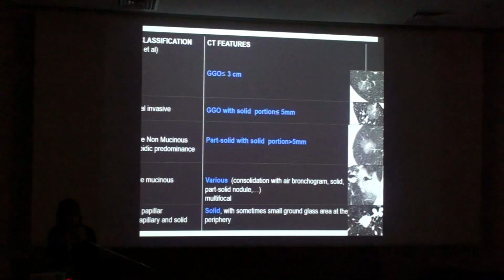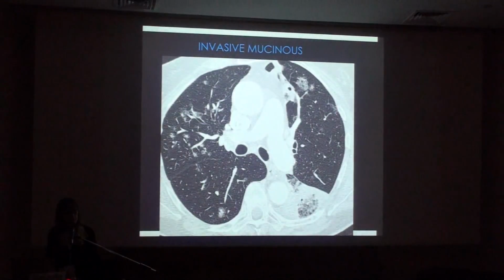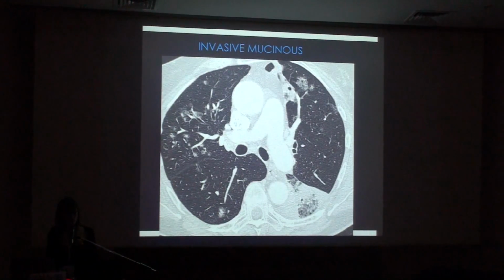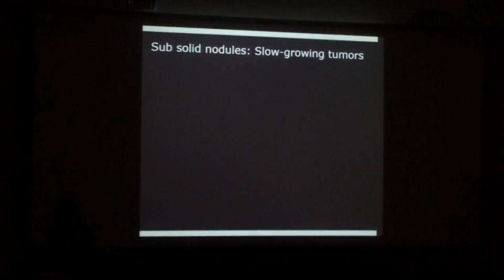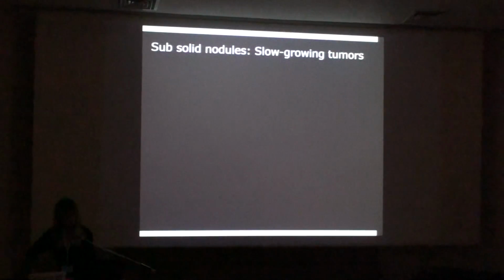This is a patient with an invasive mucinous adenocarcinoma, with here a consolidation and distally numerous subsolid lesions. It's very important to mention that these subsolid nodules, even though they are lung cancer, lung adenocarcinoma, are slow-growing tumors.